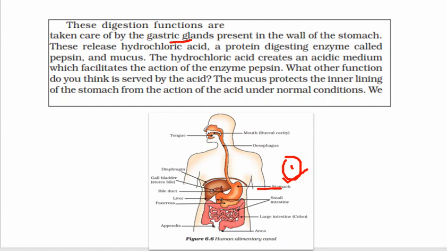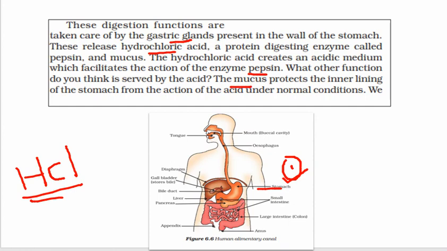And this releases the hydrochloric acid. Okay, the gastric gland releases which acid? HCl, that is the hydrochloric acid, and also a protein digesting enzyme, that is called pepsin, and the mucus.